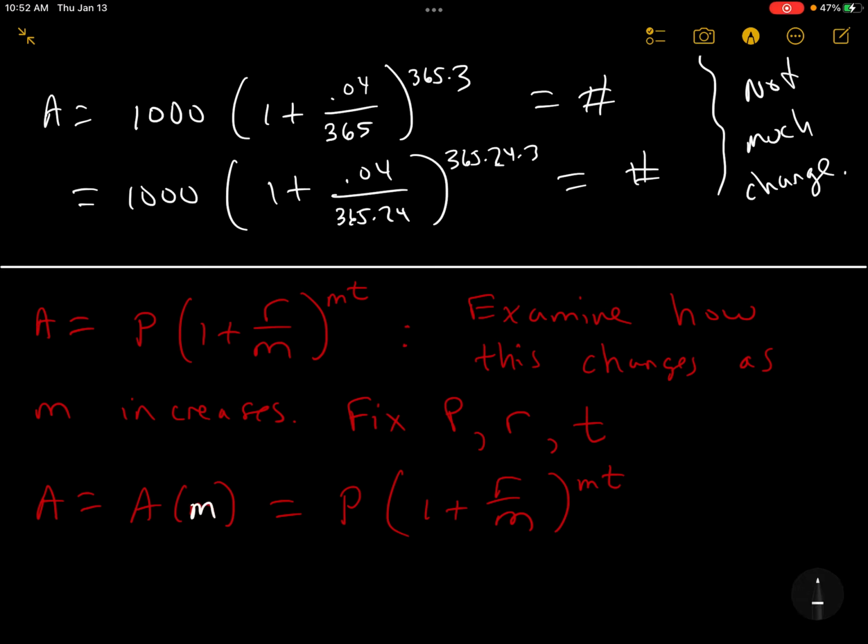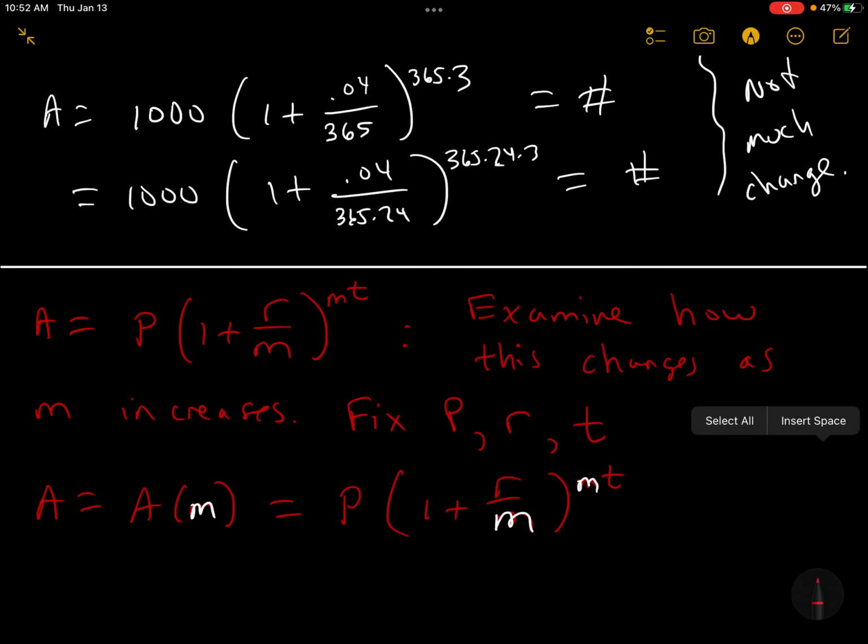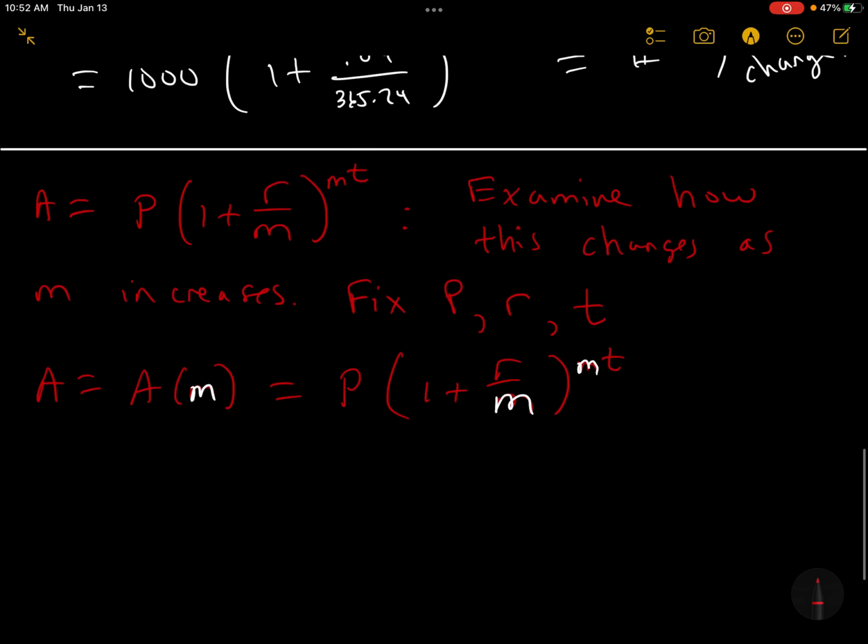So using this function notation, you see here that the only input that's moving is the number of compounding periods. All right, so we're going to do a little math trick here. We're going to let u be m over r, and then plug it into this.